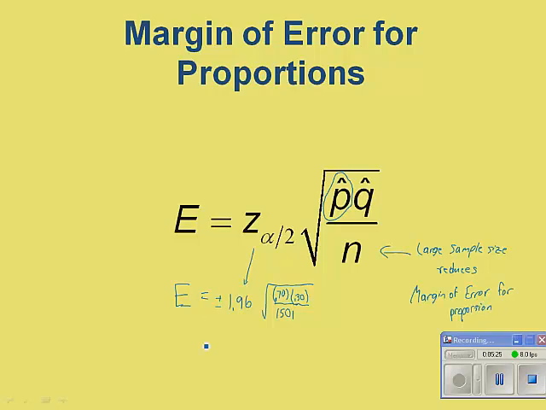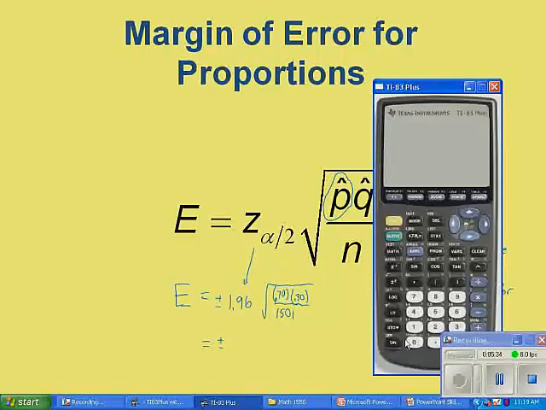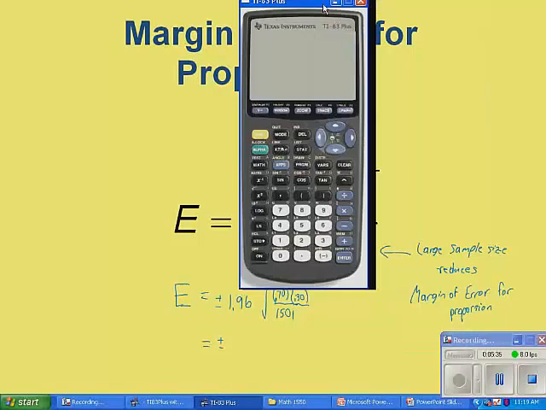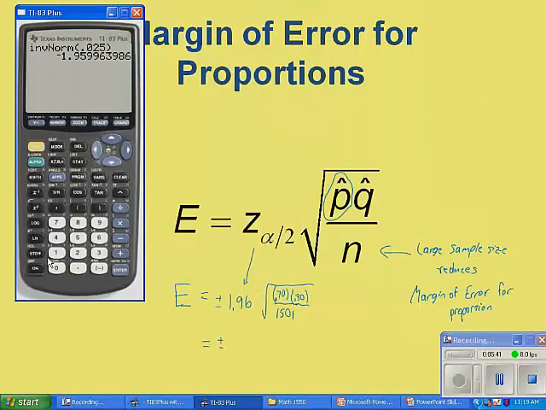Okay? So let's see how this works. Plus or minus, I guess I want to compute that. All right, let me get a calculator up here. So I have 1.96 times the square root of 0.7 times 0.3 divided by 1501.